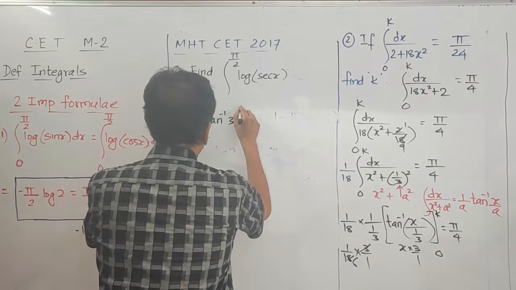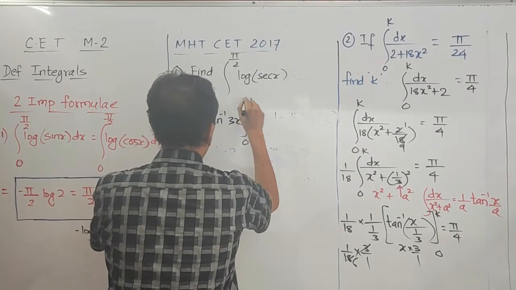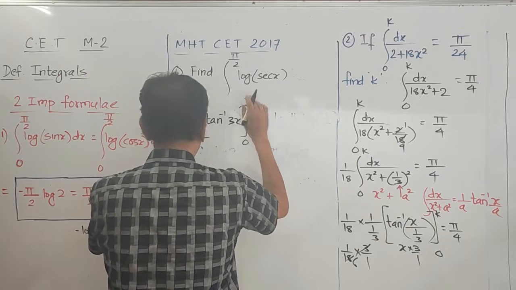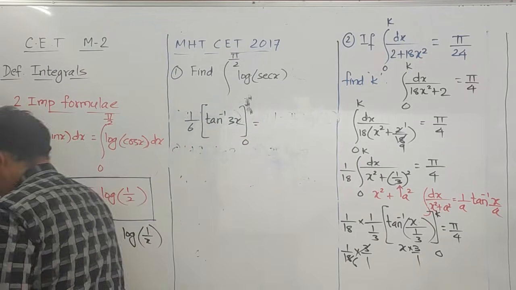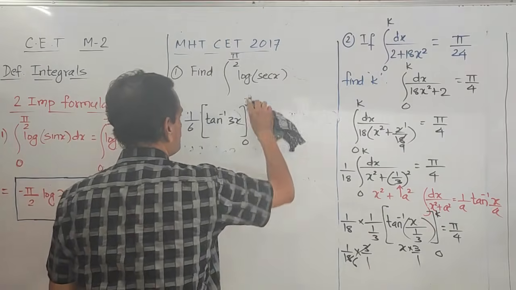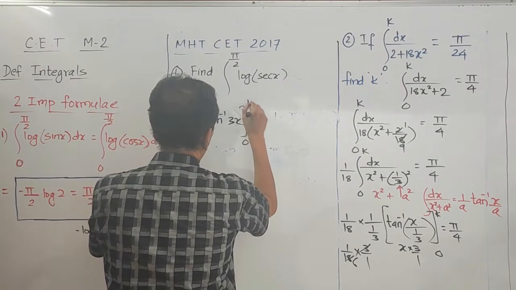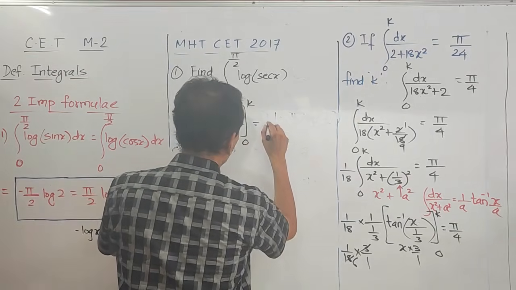And zero to k. Sorry, it is 0 to k. Equal to pi by 4.